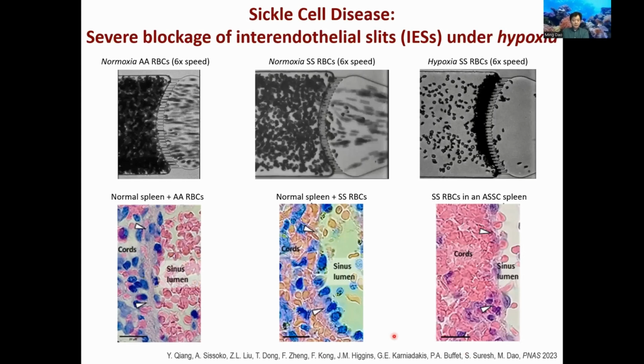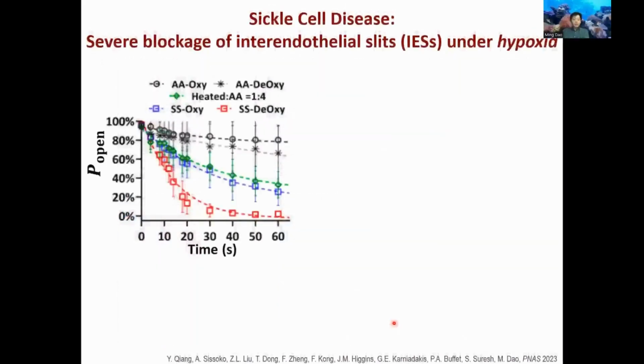He has the setup to do these tests and to do histology observations of these different conditions that mimic what's observed. So we can see the number of open slits versus time for different conditions: AA oxy, AA deoxy, these are healthy cells, and sickle cells under normoxia, sickle cells under hypoxia.